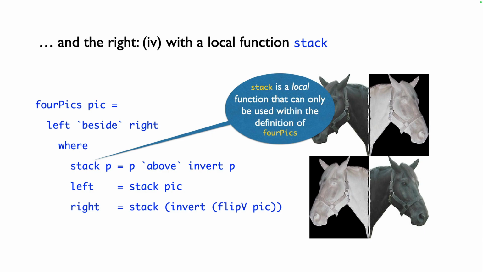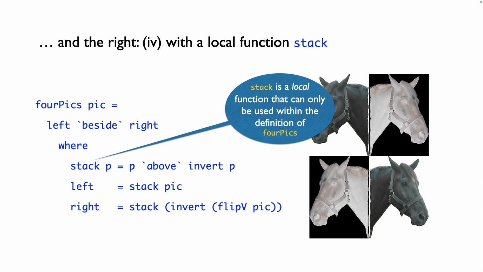But also we might do it just so that we don't have too many names in a module. The only time we want to use stack is in this picture, so let's make it local to the definition of fourPicks.